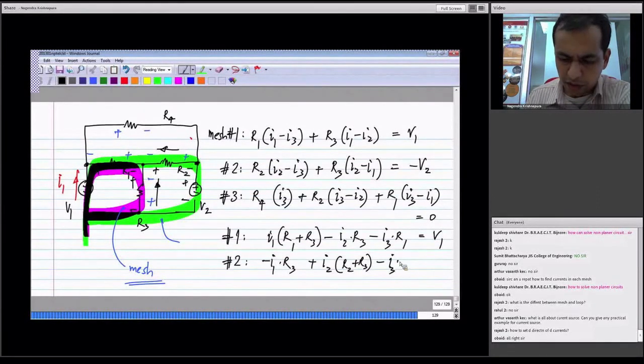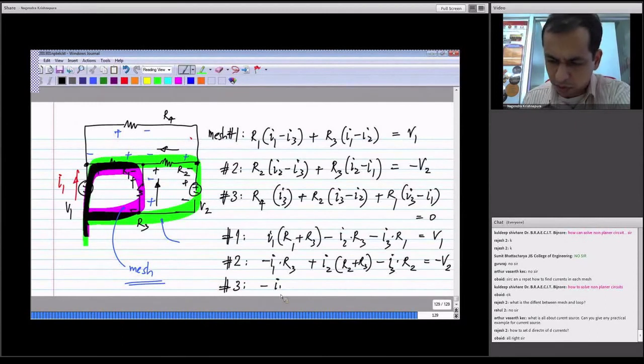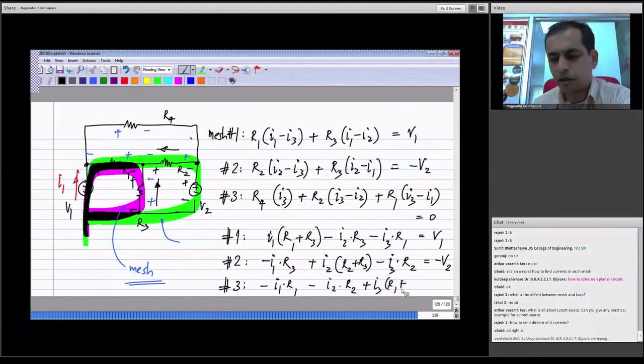And similarly for mesh 3, we'll have minus I1 times R1 minus I2 times R2 plus I3 times R1 plus R2 plus R4 equals 0. Okay.